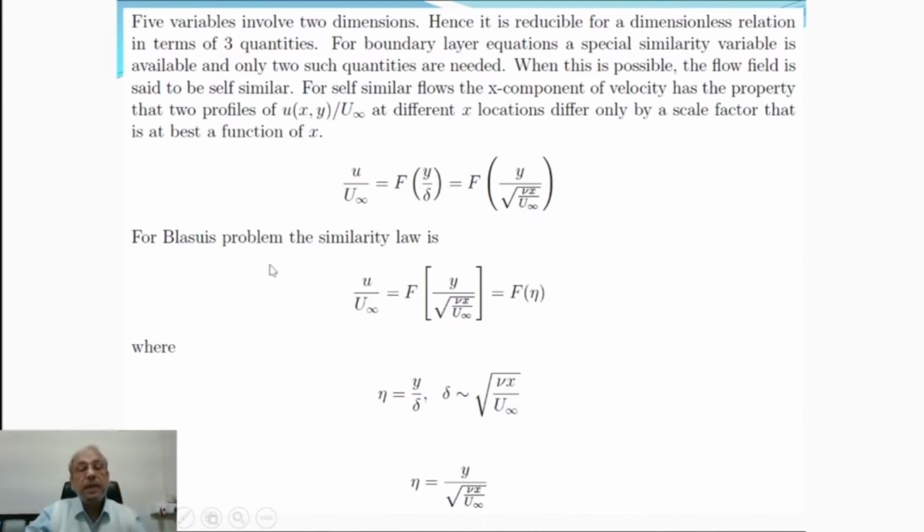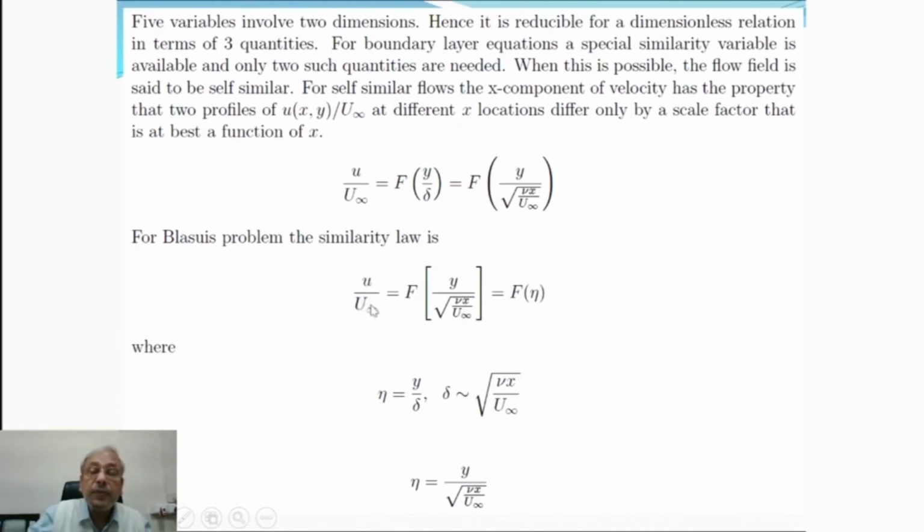So for the Blasius problem, the similarity law is u by u infinity equal to f of y by root over nu x by u infinity. And y by root over nu x by u infinity is the parameter eta. That's what we said, that eta is y by delta, or y by root over nu x by u infinity.